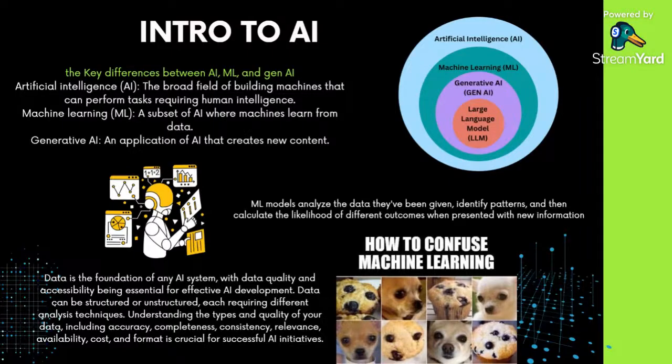The backend consists of a lot of advanced mathematics and probabilities, as it calculates the likelihood of different outcomes. But the main part is the data. Data is the foundation of any AI system, with data quality being very essential for effective AI development. So the more good data we give, the better results the AI gives.